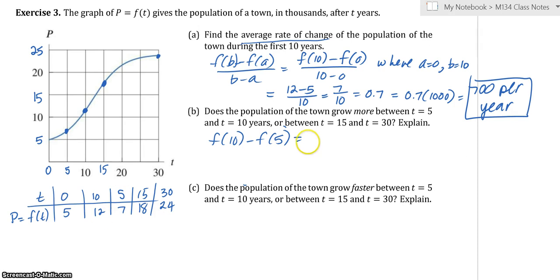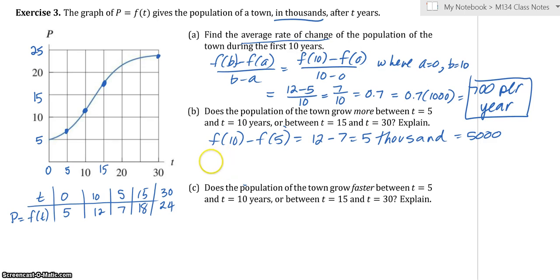So we know that would be 12 minus 7, so 5. And again, this represents 5,000. If you remember here, the population was in thousands, so this is 5,000, or you could just write 5,000. So the population changed by 5,000 from 5 to 10 years.